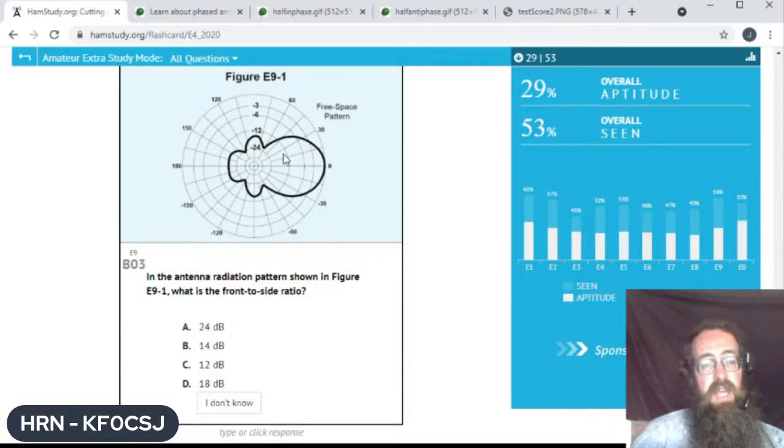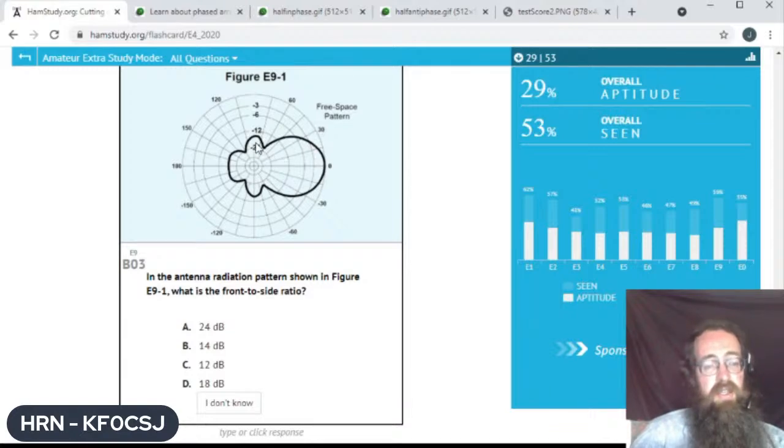So we're looking at right at the 3 level. So we're looking at -3 right here.